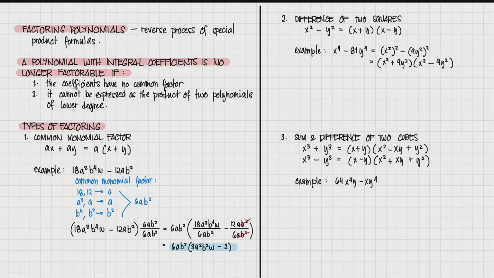Now, as you can see here, we could further simplify this. Right? We're just going to follow again the pattern. So this one remains x squared plus 9y squared. Now, we need to further factor this one by using this formula.